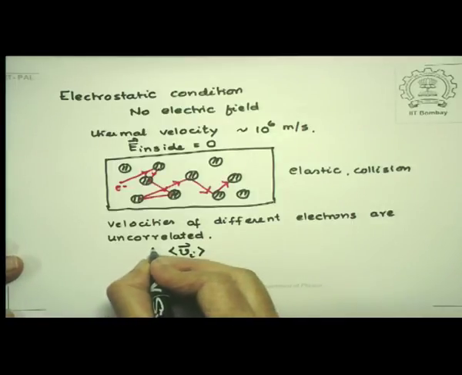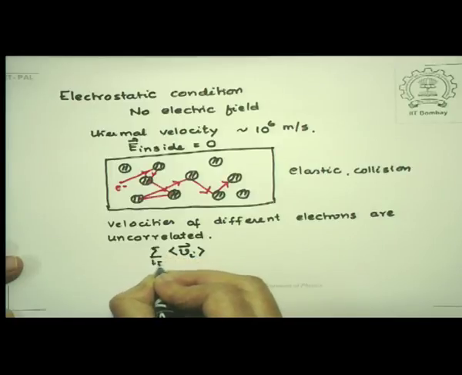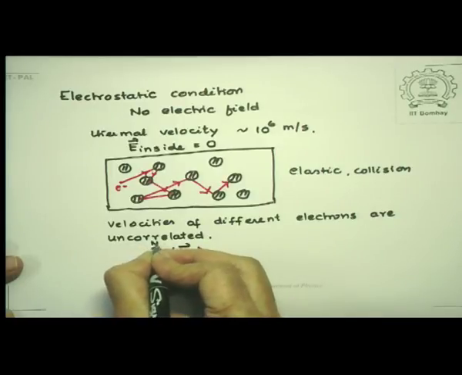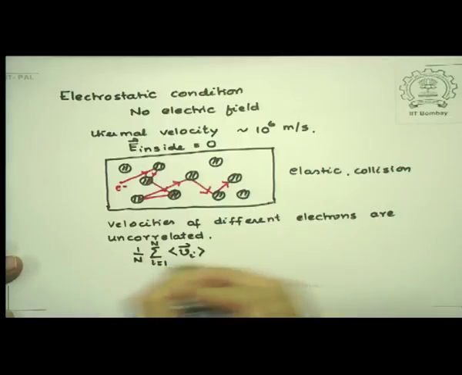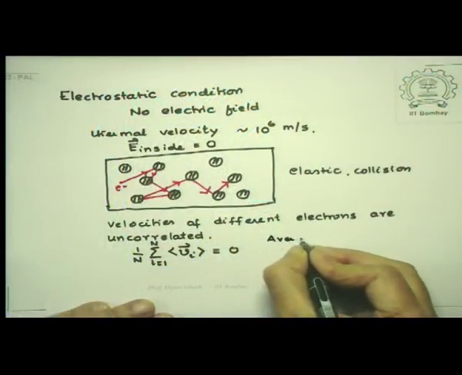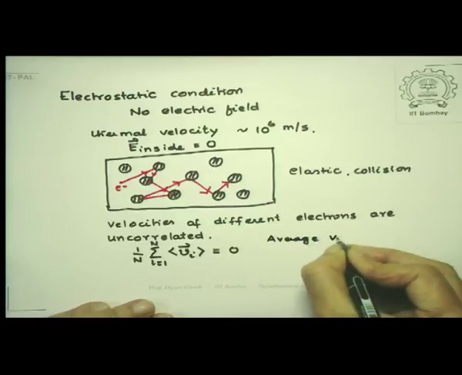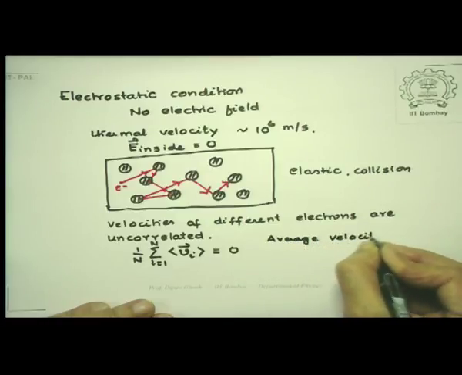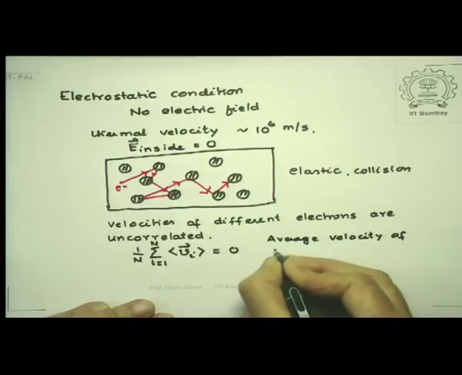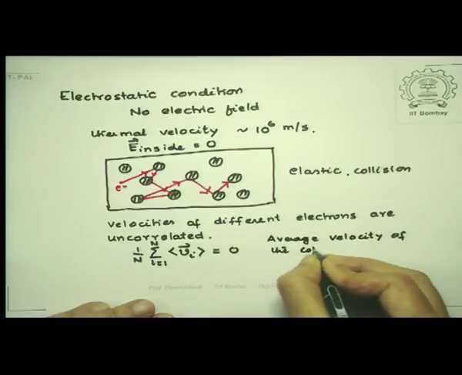If I sum it over i equal to, let us say 1, 2, up to n, where n particles are there, so 1 over n of this sum is equal to 0. This is equal to 0 because the directions of the velocities are totally uncorrelated. So the average velocity of the collection of electrons is 0.